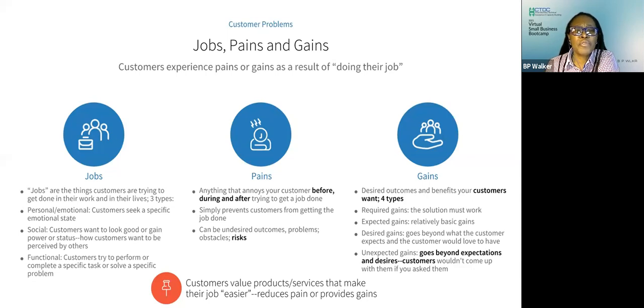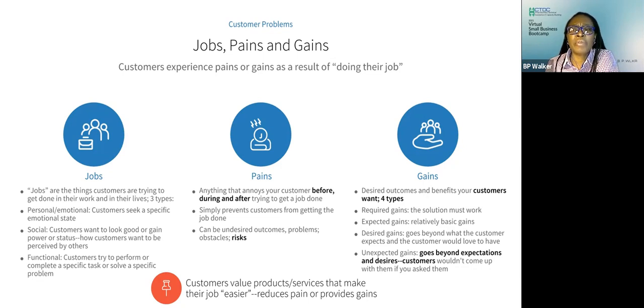As we all are customers of various businesses, as we move along doing our work and living our lives, we recognize we have problems in trying to do that work, whatever it may be. And that's the trigger where we say, I wish there was a better way to do this. And so that ends up being either a pain or a gain we wish there was some way to have.